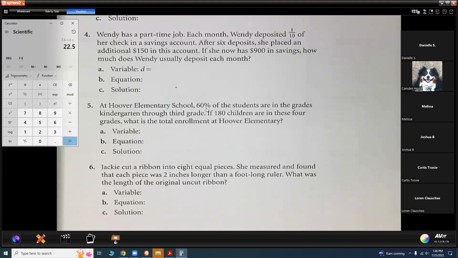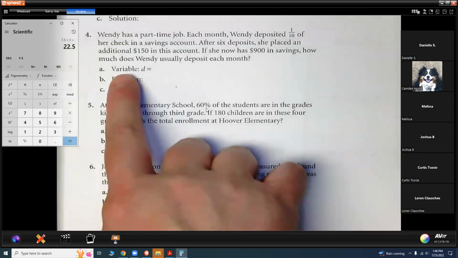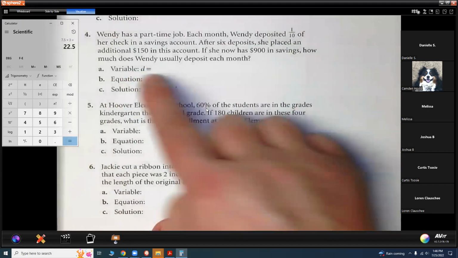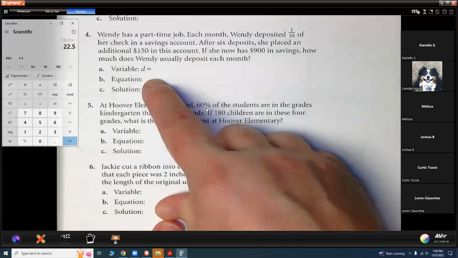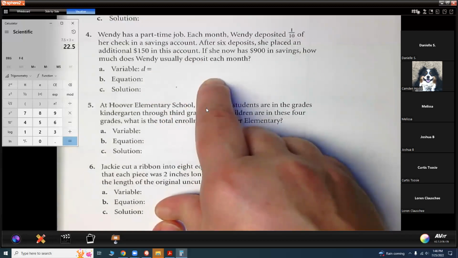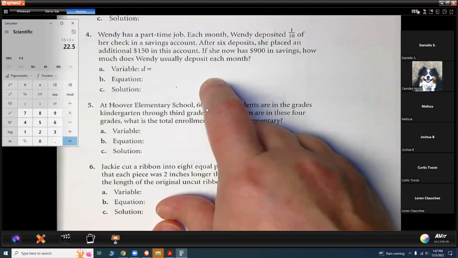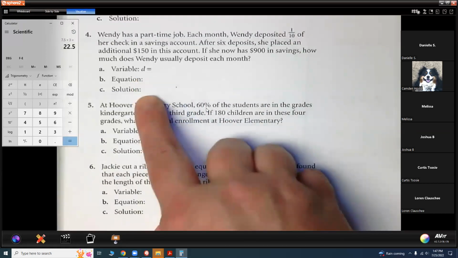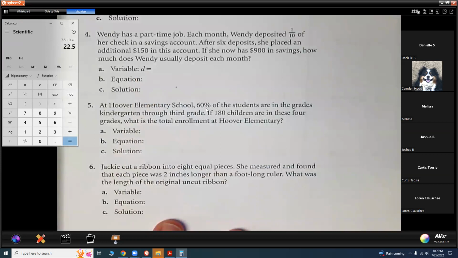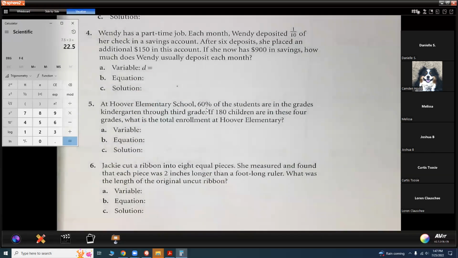So we've got 3 word problems here. You need to identify what is the variable, what we don't know. Based on the information we do know, you set up a two-step equation like we talked about, and then by solving the equation for the variable, you should get a solution.